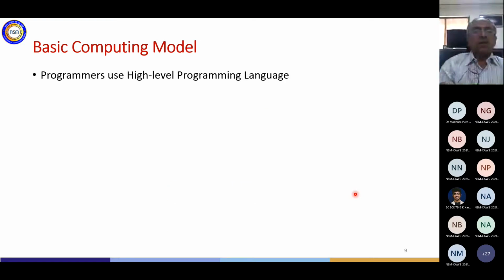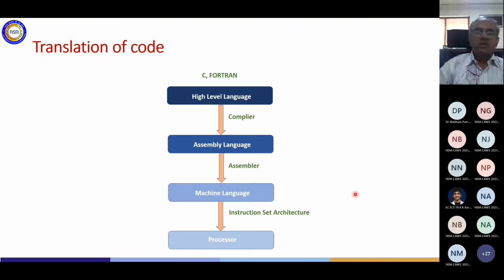Now, in the previous diagram, we saw that the aim of a user is to write a program. Let's say, as I mentioned, you have written a program to sort 100 numbers. You have a set of 100 numbers given as input, and the output of the program, let's say in a file, is those numbers sorted.